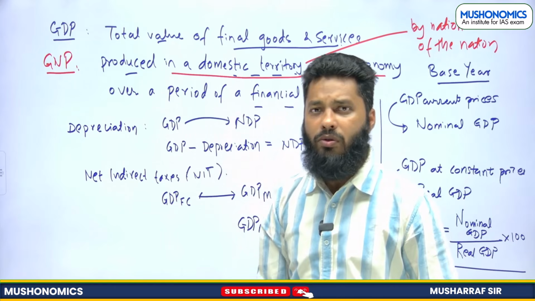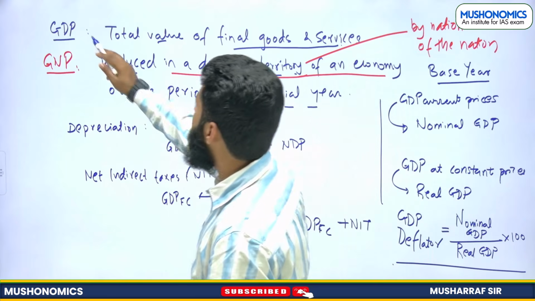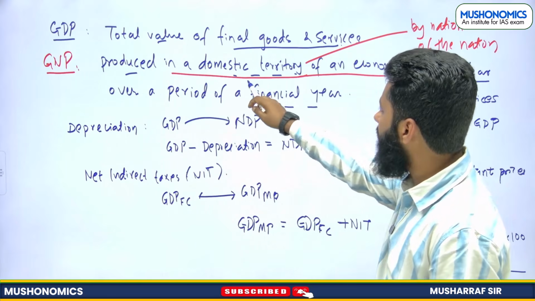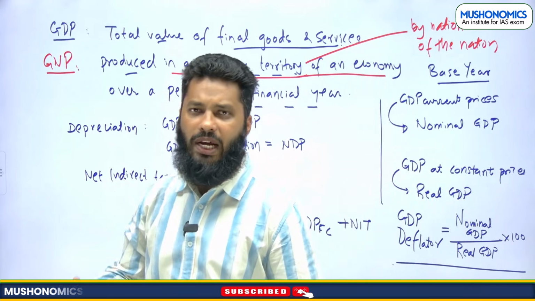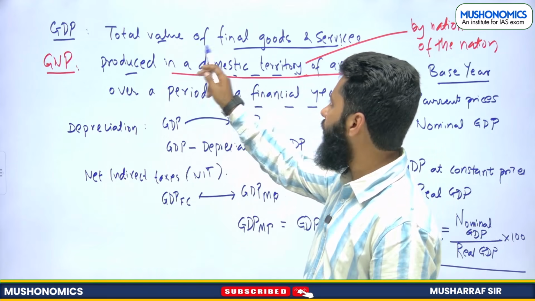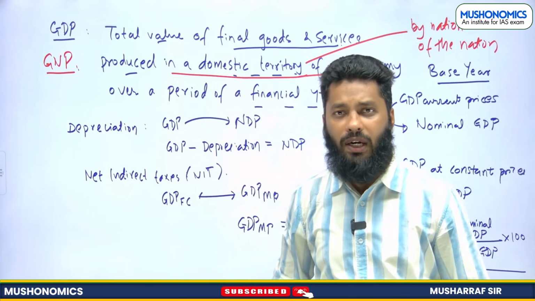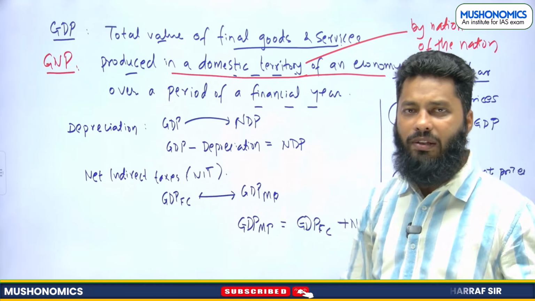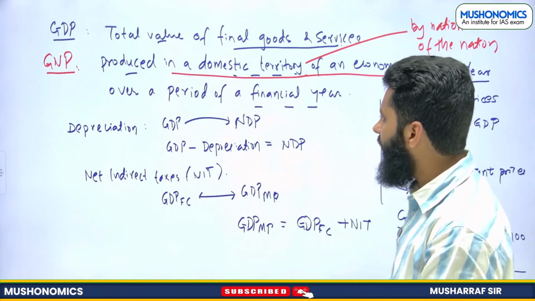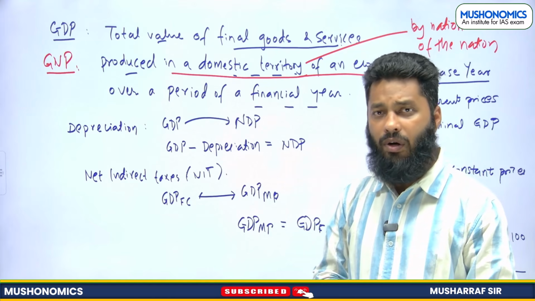So what difference do you observe here? GDP is about the total value of final goods and services produced in a domestic territory. When we talk about GNP, gross national product, it is talking about the total value of final goods and services produced by nationals of the country, no matter where, anywhere in the world, that we will consider under gross national product, right?